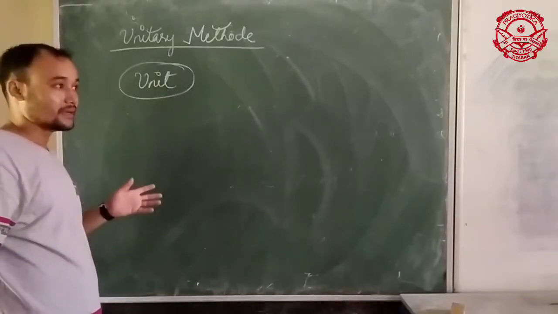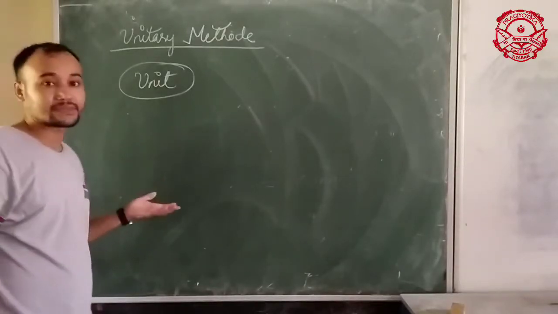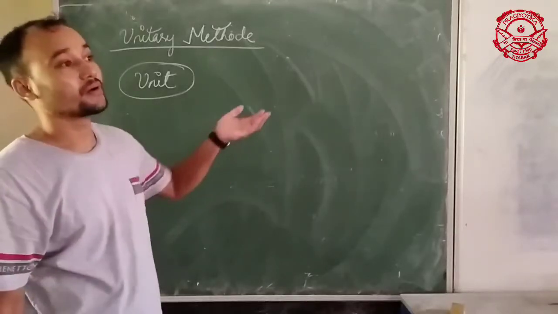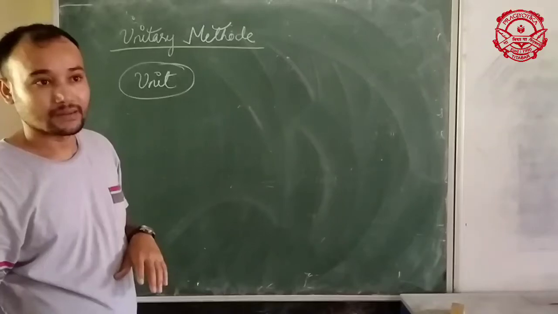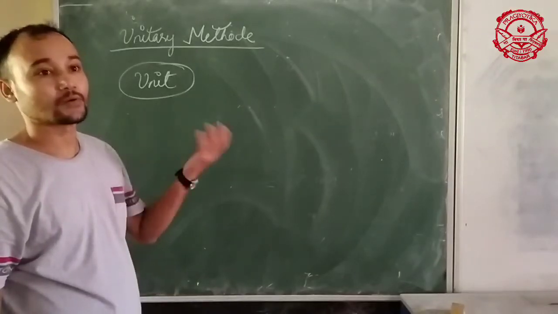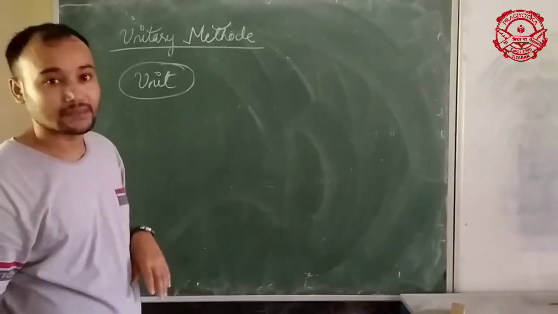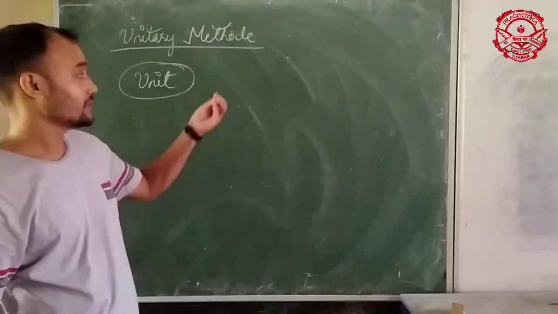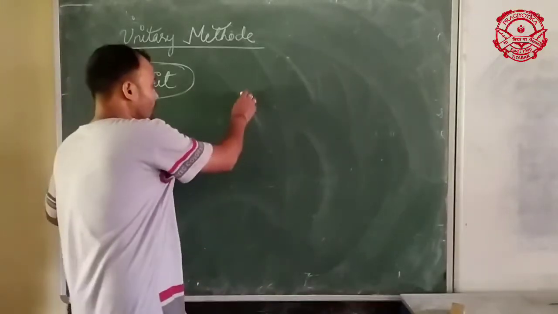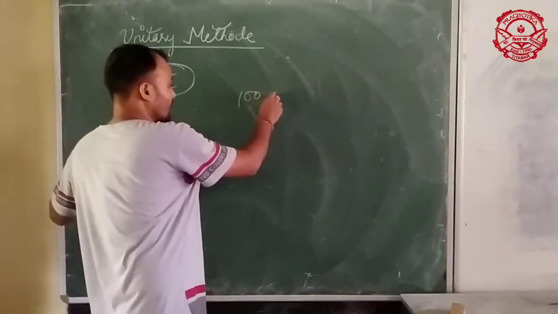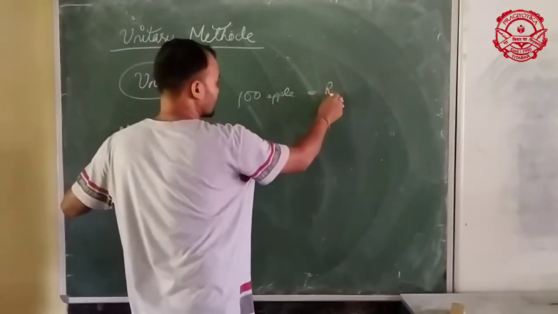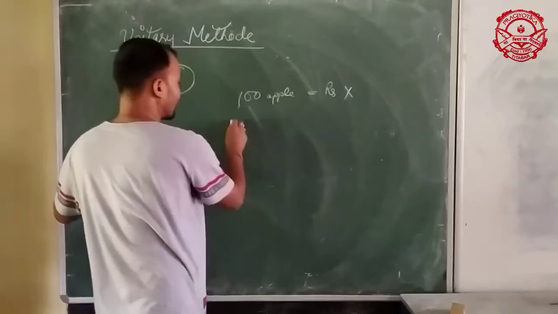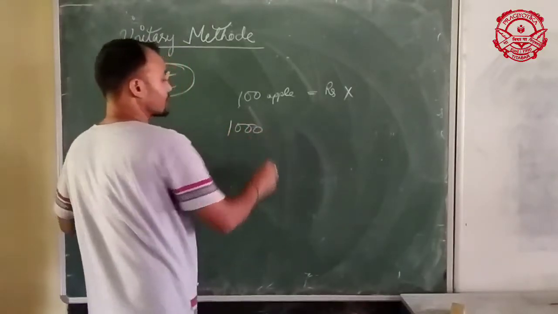If I give you an example: the cost of 100 apples is X rupees. I am asked to find the cost of 1000 apples. Now what do I do? See, 100 apples is X rupees, and I am asked to find the cost of 1000 apples.